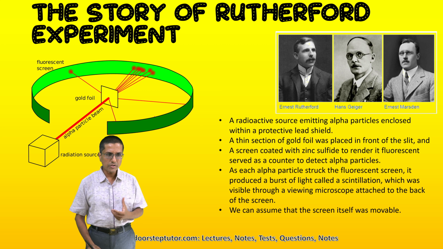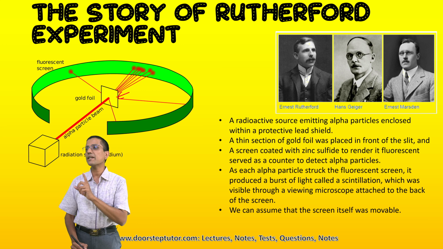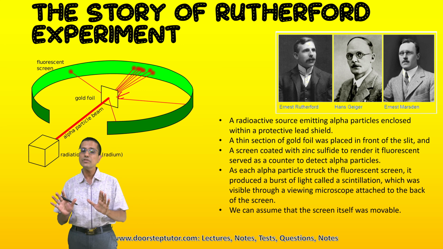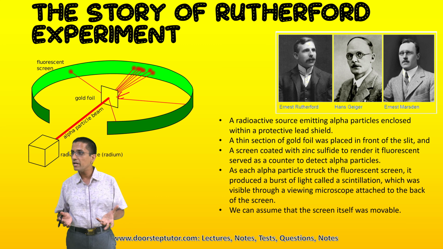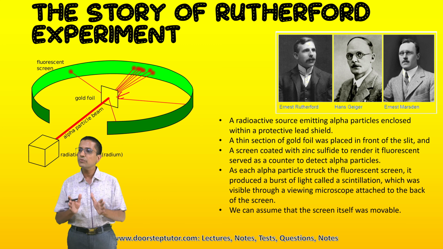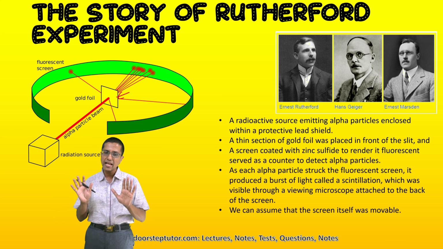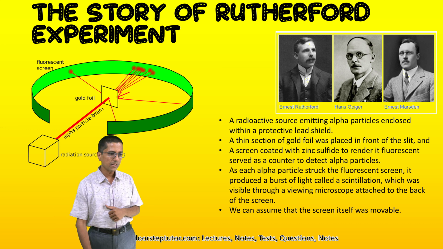The idea was to construct a gold foil which was only one atom thick. That was the ideal thing they wanted to do. Of course, at that time the technology was not so advanced, so their gold foils were slightly thicker, but the idea was to construct a film as thin as possible. And this film was bombarded with a beam of alpha particles.